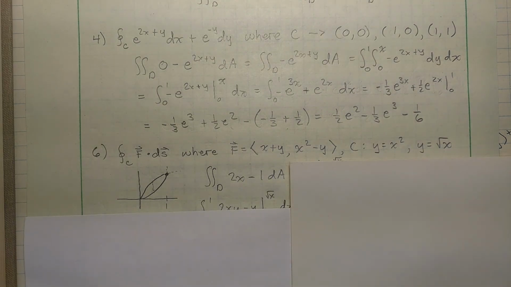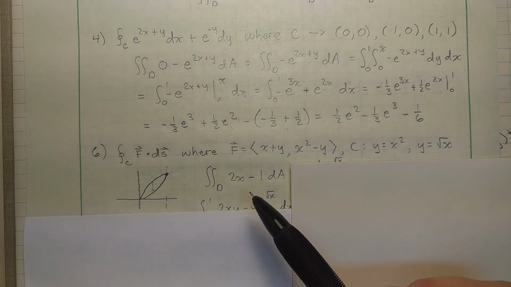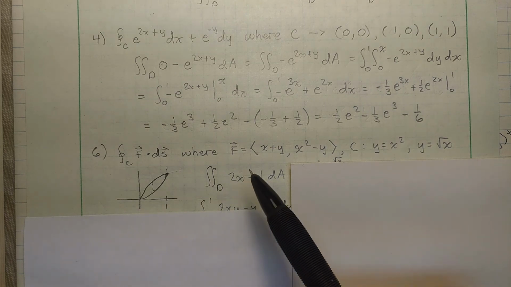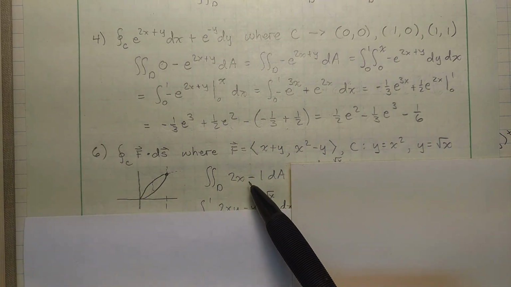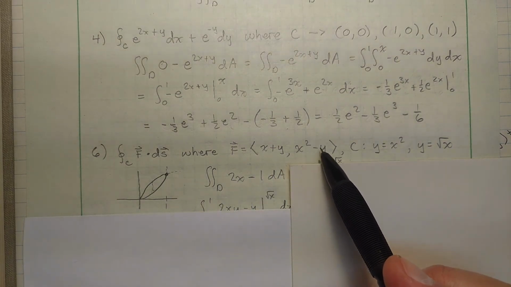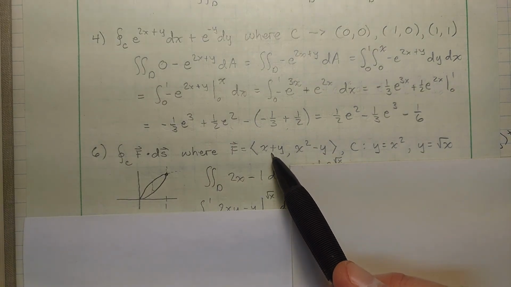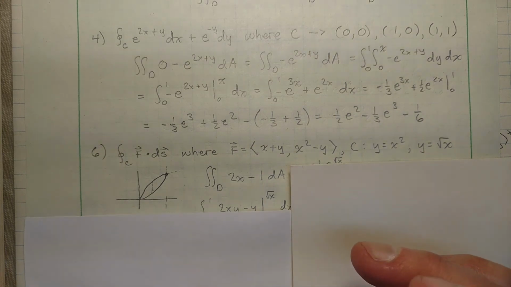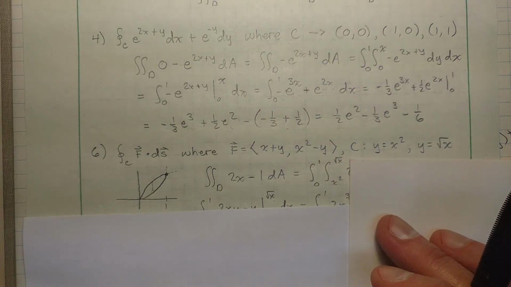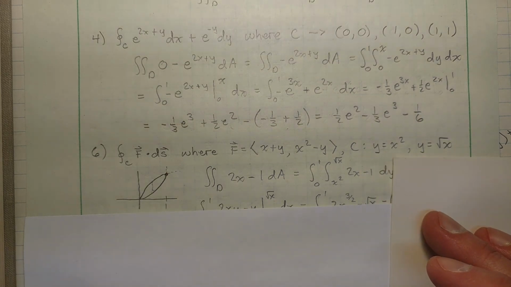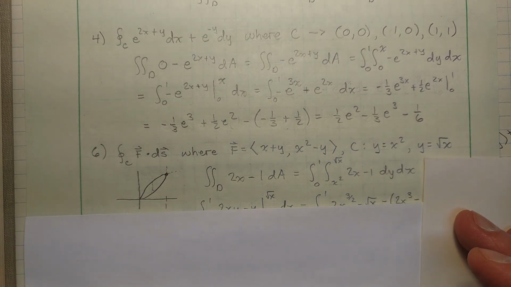First off, we're going to do our partials, your Green's theorem. So we have the double integral over our domain D, and we've got the derivative with respect to x of the y term, that's 2x, minus the derivative with respect to y of the x term, which is just 1. So now this is the integral from 0 to 1, x squared to radical x, of 2x minus 1 dy dx.